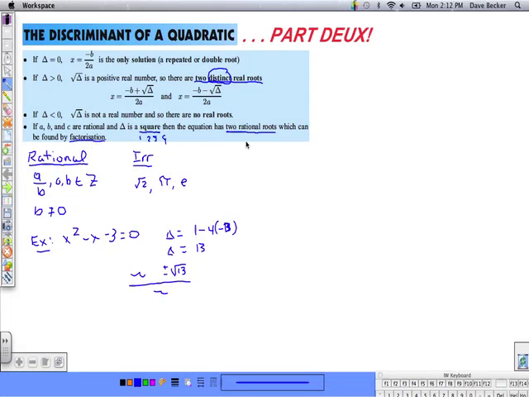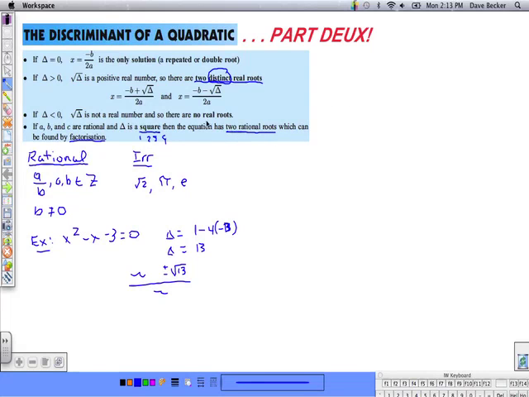And all that means is we have roots that can be written as a fraction, as a rational number. We still have two real roots, but here we're saying two rational roots, and they may or may not be distinct, and we'll talk a bit more about that in the next example on the next page.